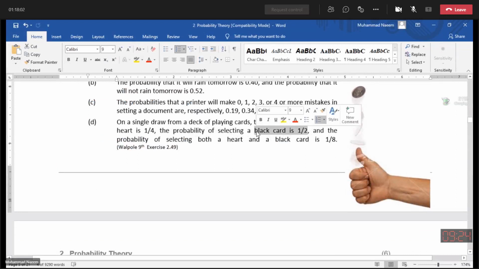This is correct. And what is the probability of selecting both a heart and a black? That a card is heart and black. This means we need to collect here the cards having both the characteristics, that the card must be a heart as well as a black.